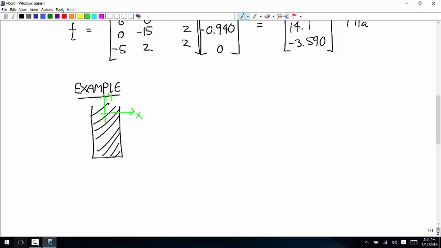And let's say that we know that on this face, there's a distributed load going that way of 20 megapascals. You could think of that as like a pressure acting on it. And there's a distributed load putting it into shear of 5 megapascals.